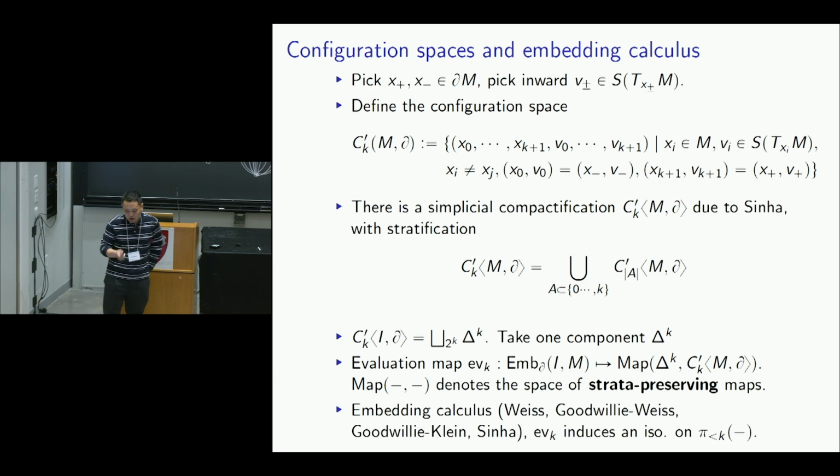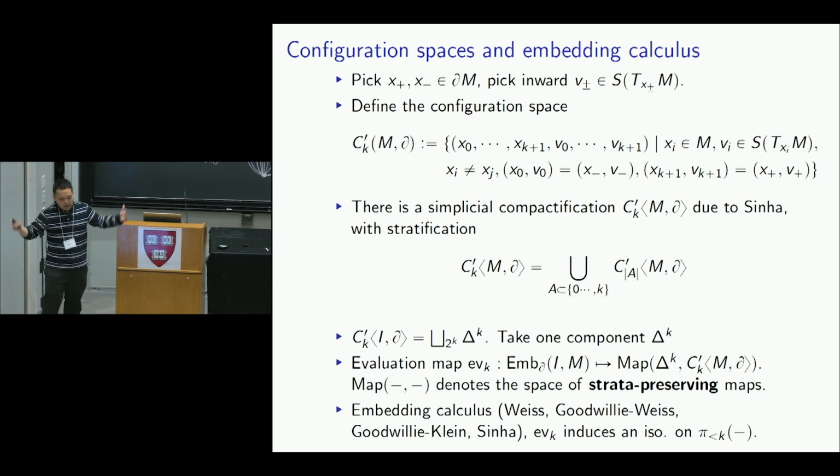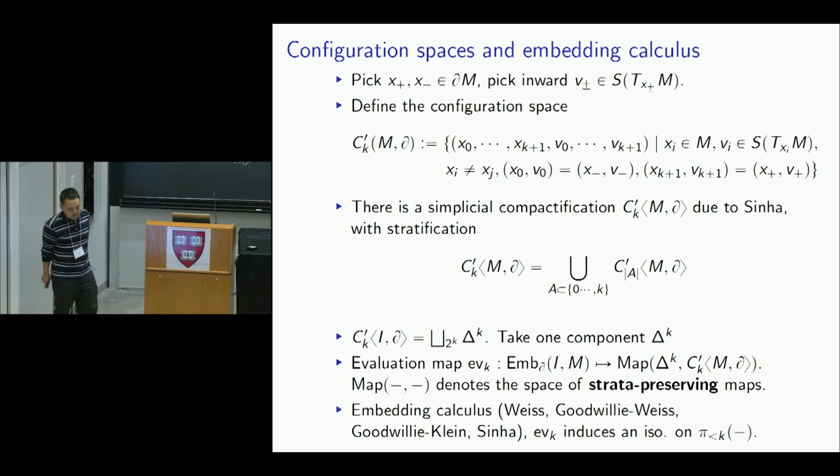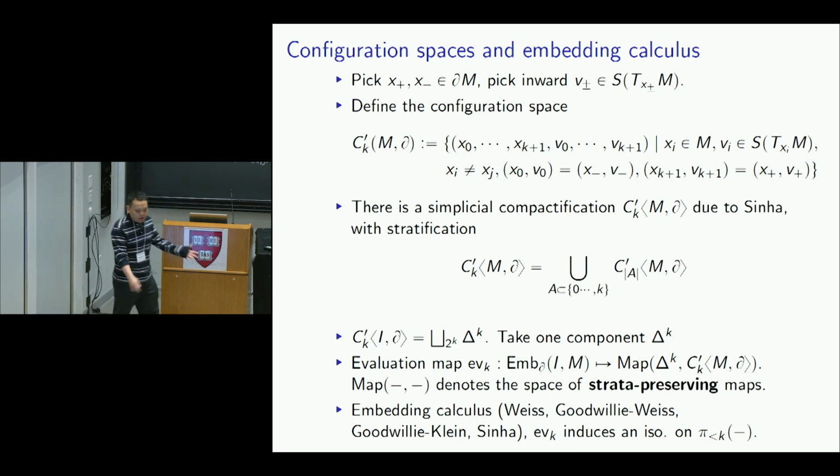And now, by a deep machinery called embedding calculus, by Weiss, Goodwillie, Klein, and in this case Sinha, this map is highly connected. It induces isomorphism on the first k-1 homotopy groups. So if you want to understand the first few homotopy groups of the embedding space, you can study the homotopy groups of the strata-preserving mapping space on the right-hand side.